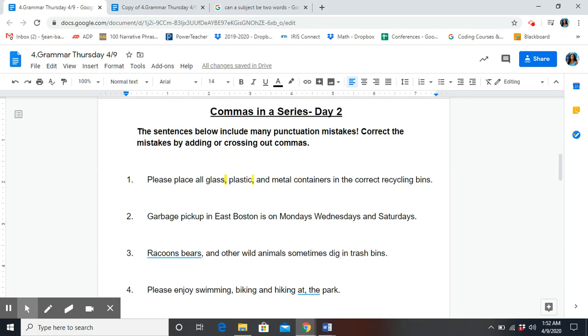How can I add in my commas to show my items in a series? Yep, Mondays and Wednesdays. So my sentence should look like this. Now that we've gone over those strategies, I want you to look at your work for questions 3 and 4 and revise it.